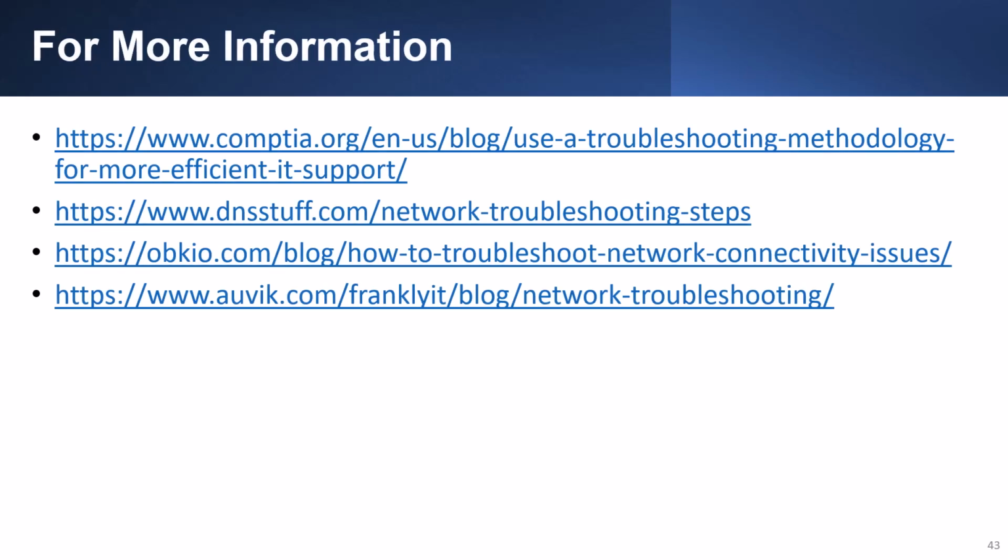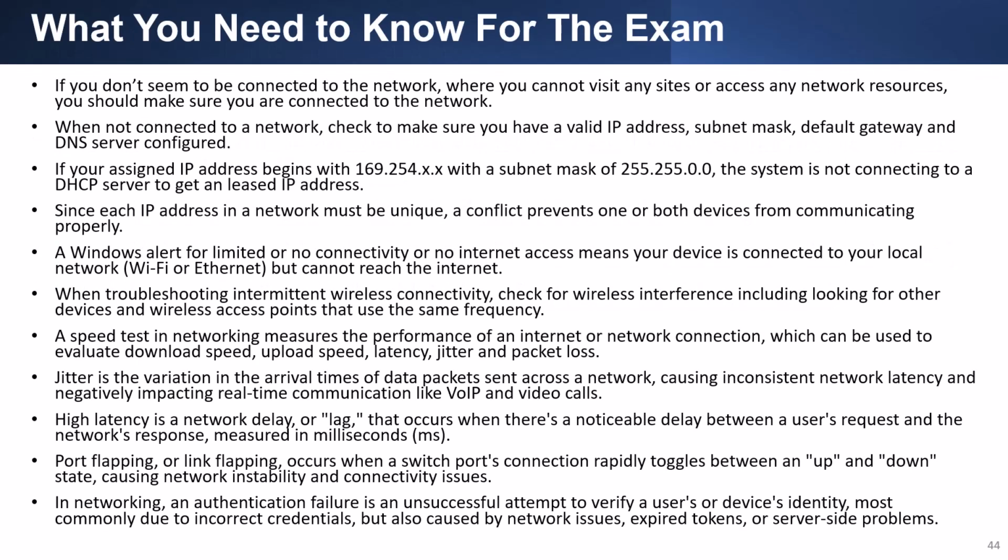For more information, visit these sites. In summary, if you don't seem to be connected to the network, where you cannot visit any sites or access any network resources, you should make sure you're connected to the network.